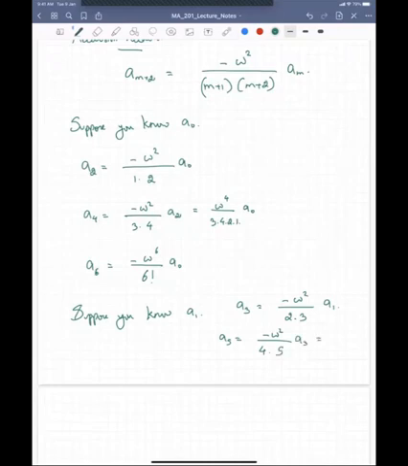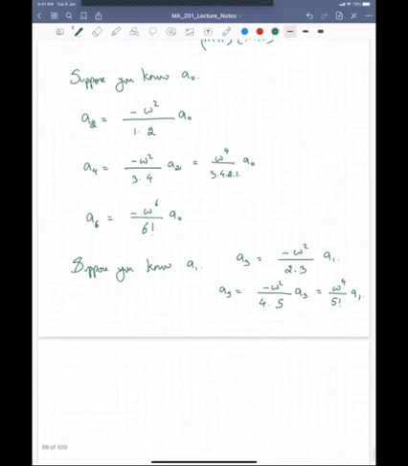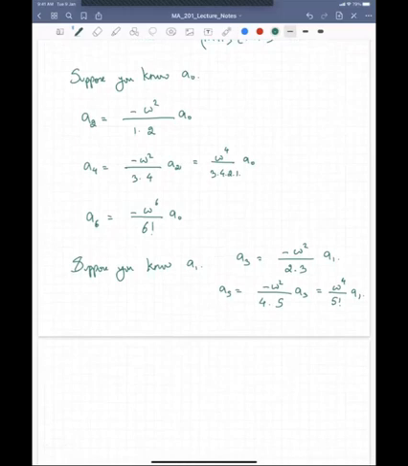Okay, and this would be omega to the 4th over 5 factorial a1. Okay, so once I fix two constants in the second order differential case, I can generate all the other coefficients by appealing to the recursion relation.